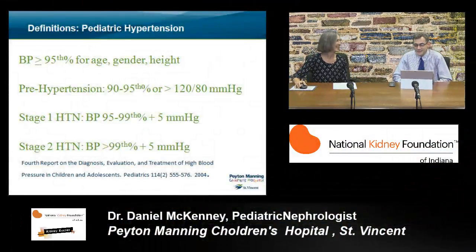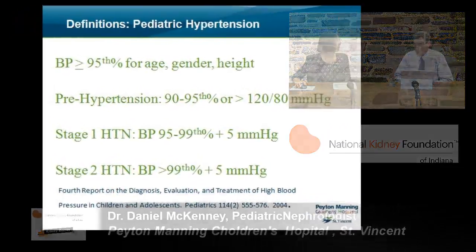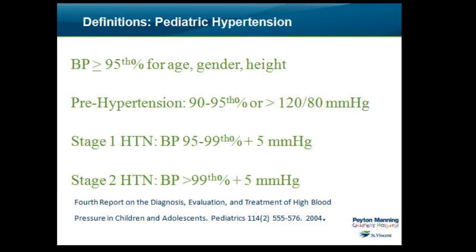So it actually is a little complicated, it's not one number, one size fits all, because obviously children range from infants to adult size. The things that trend mostly with blood pressure are that the older you are, the higher your blood pressure may be. Boys tend to have higher blood pressure than girls.